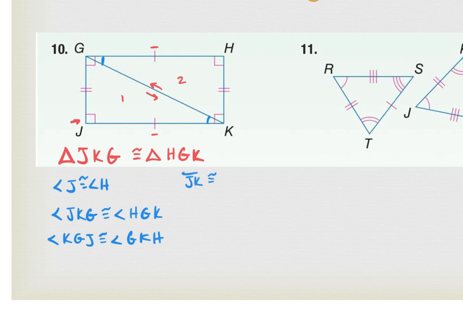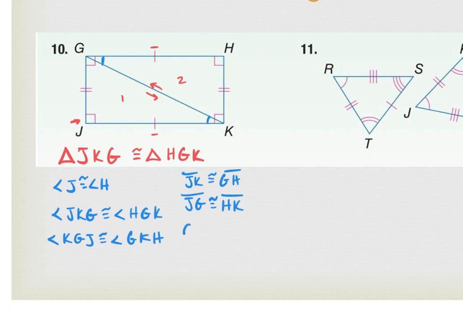So side JK is congruent to GH. And then I have JG is congruent to HK. Remember your congruency markings. Remember the notation. All right, so I have 2 sides. Triangles have 3 though, so you need to say that third side.